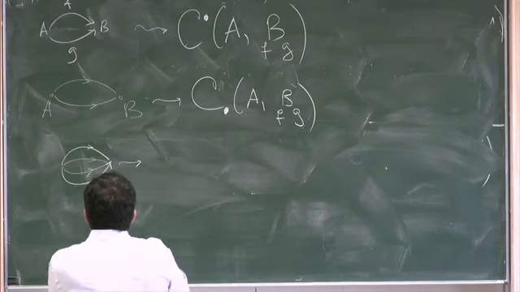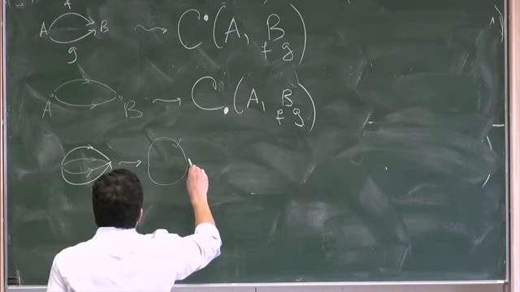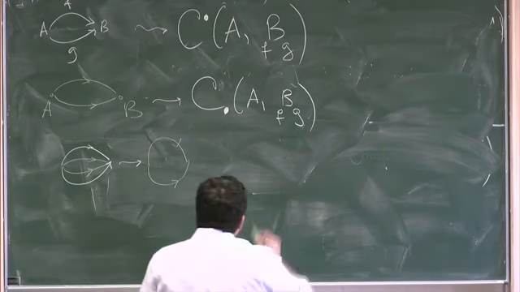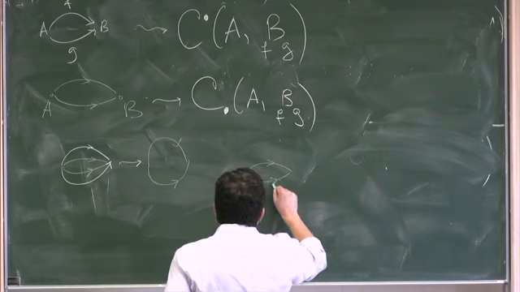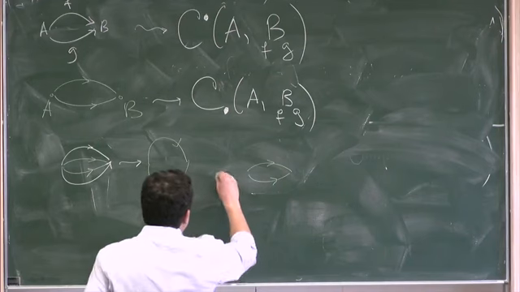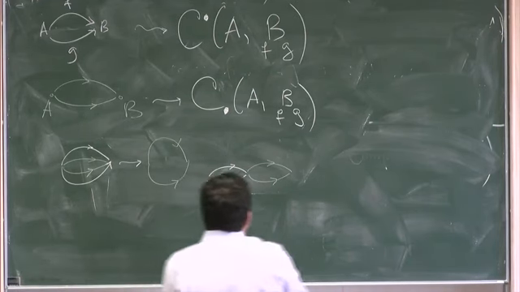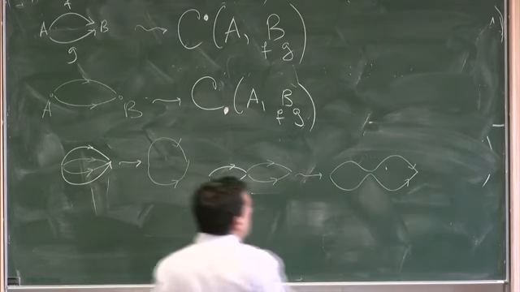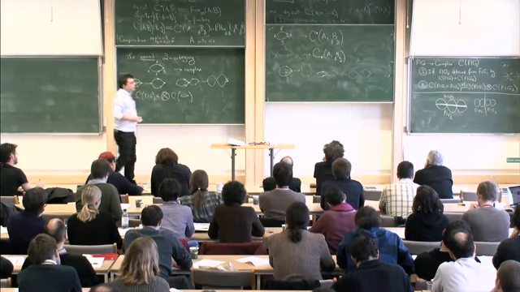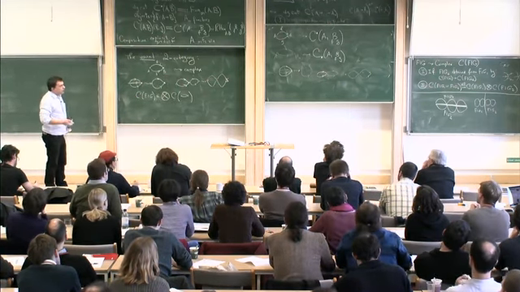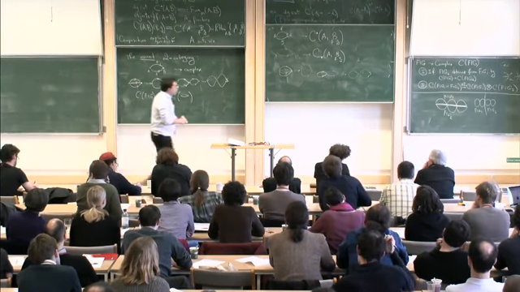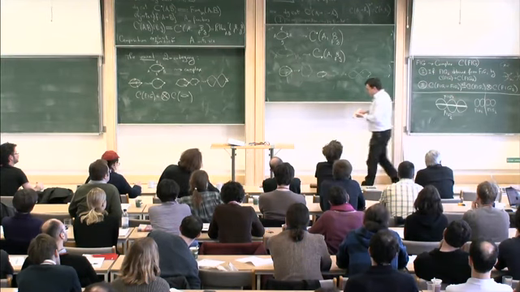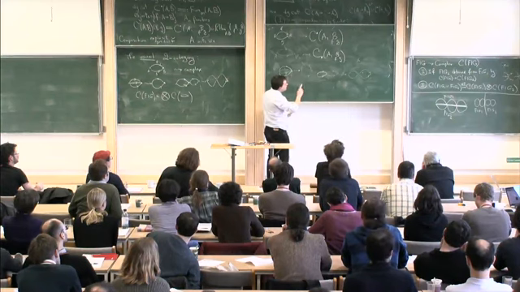So you have this operation. And then you would expect that chains form a bimodule over cochains in any imaginable way.